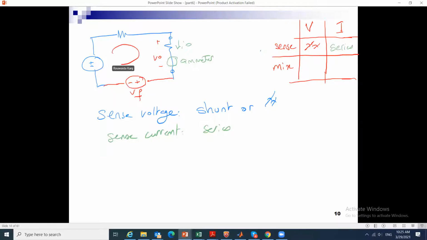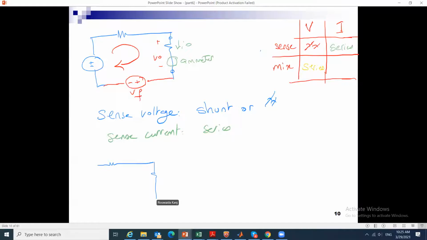It has to be placed in the loop, and the feedback voltage, to add it or subtract it, has to be plugged in series.